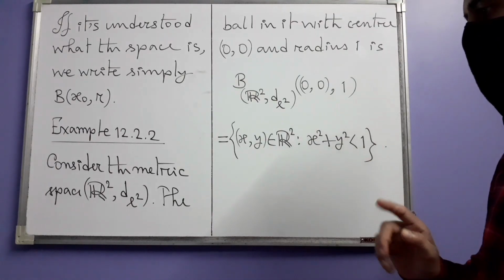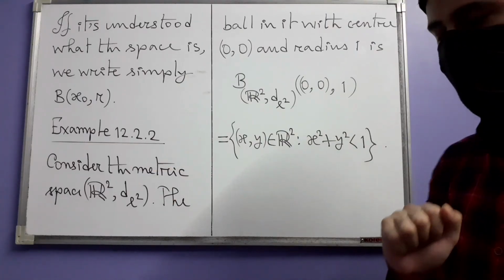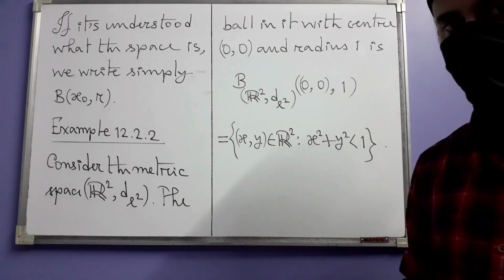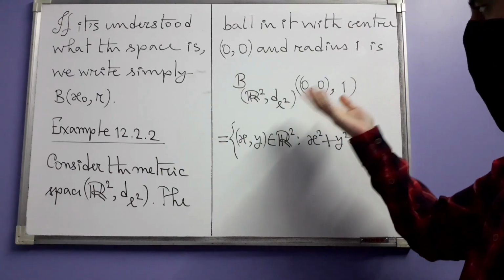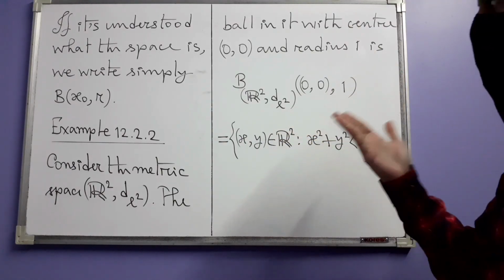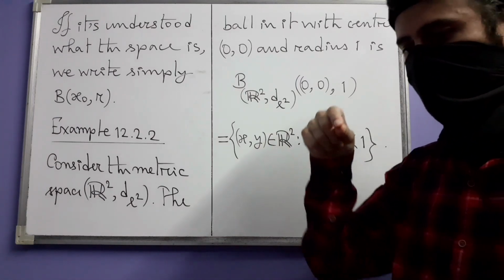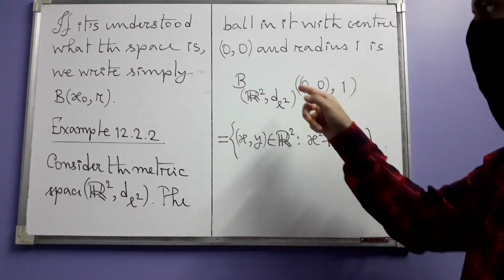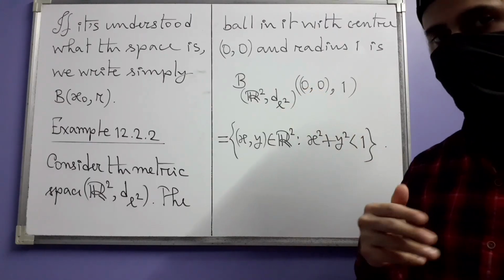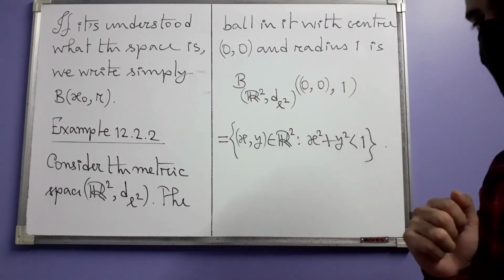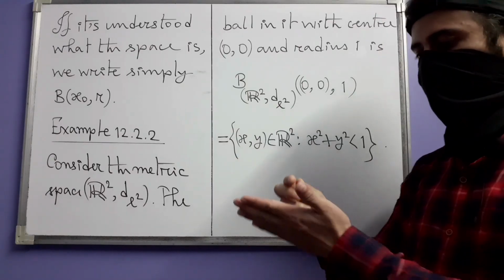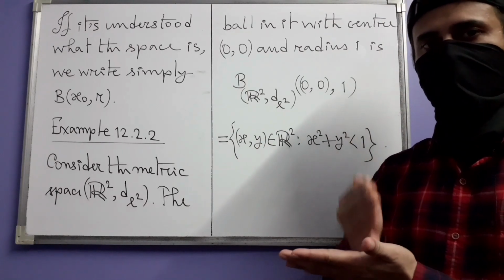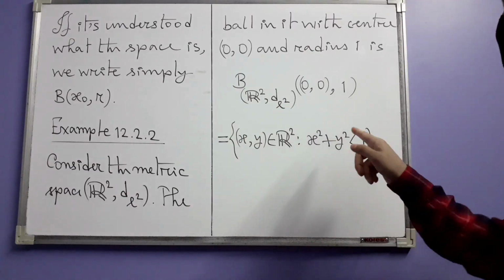In this metric space, that means in the literal plane, the ball with center (0, 0) and radius 1 is this. It will just be the set of those points in the plane whose distance from the origin is less than 1. And what is that distance? You know the Euclidean distance of any point (x, y) from the origin. It is the square root of x squared plus y squared. That should be less than 1.